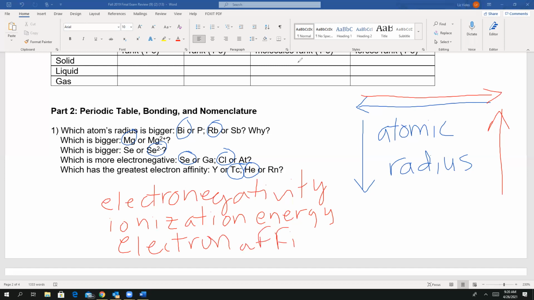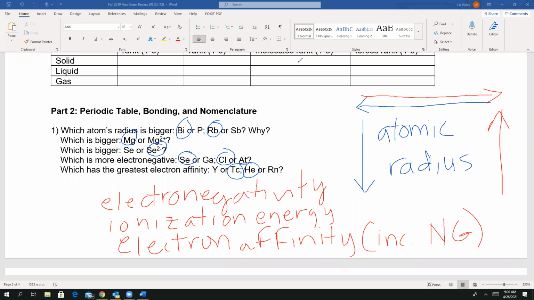Now, the only difference here is electron affinity includes the noble gases, okay? The other two do not, because there is no way that they'll make ions, so they're not going to give up their electrons. Therefore, nothing that gives up electrons is going to be part of it.